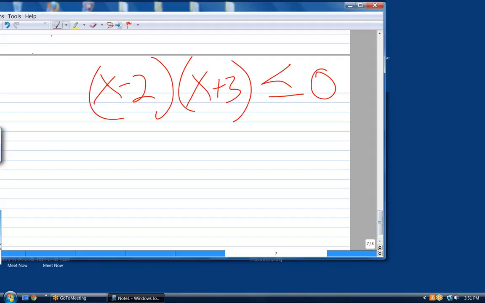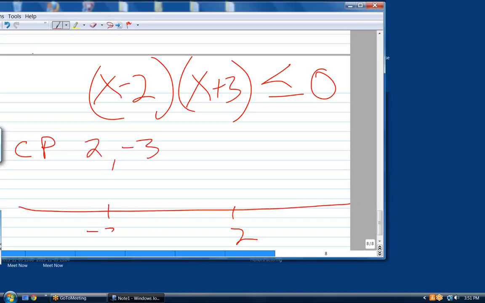First thing we do is define our critical points, which are any points that make the numerator or the denominator 0. So what would those be? 2 and negative 3. Okay. We draw a line chart and we put this on it. We check points to the left of negative 3, like negative 4.